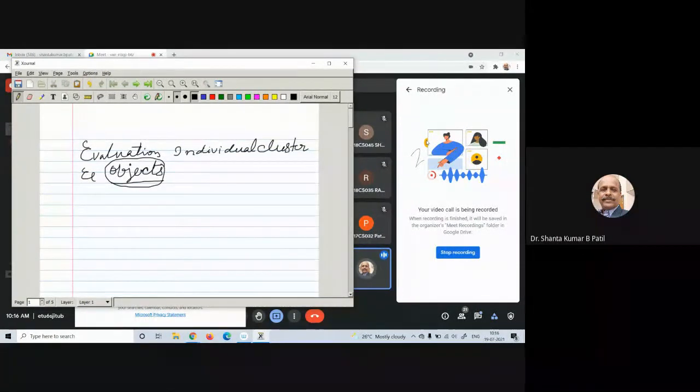A cluster that has a high value of cohesion can be considered the best as compared to a low value cohesion one. So cohesion plays a very important role in the case of validation.